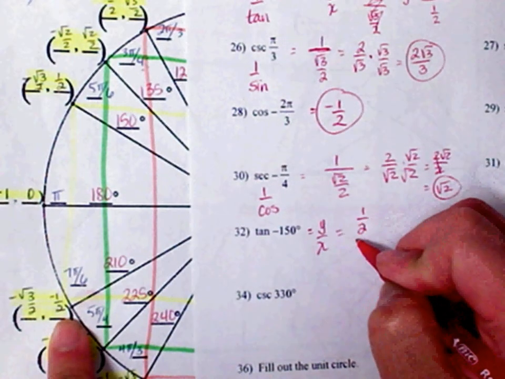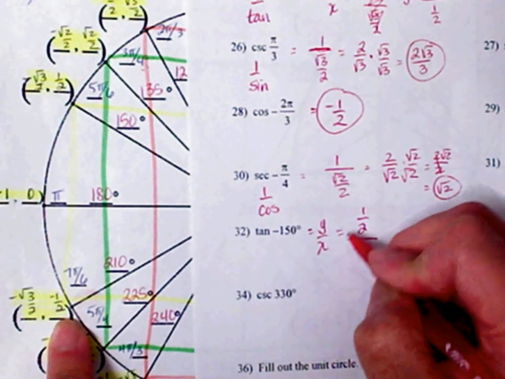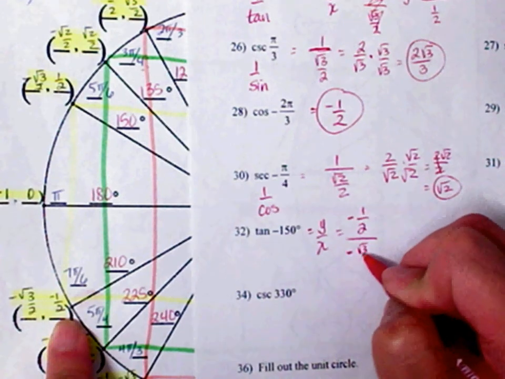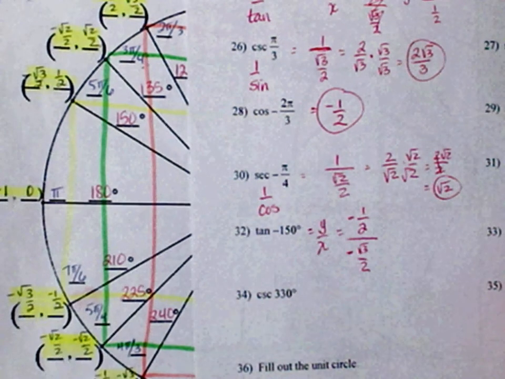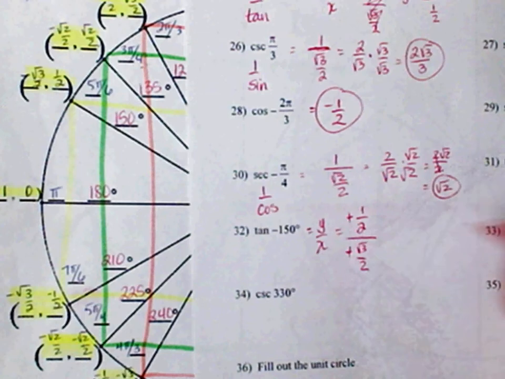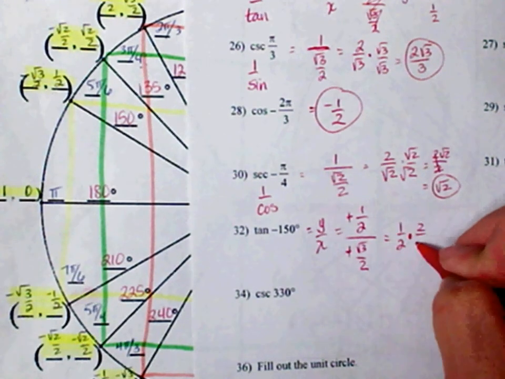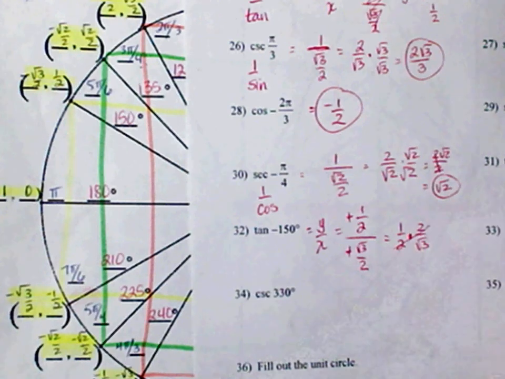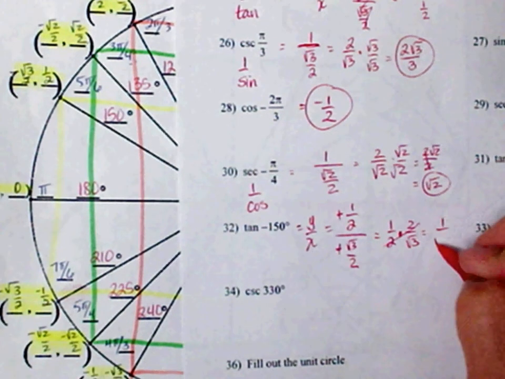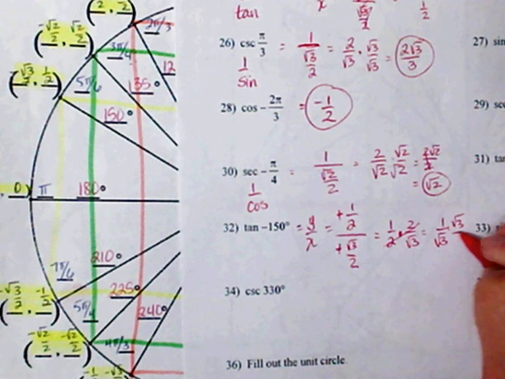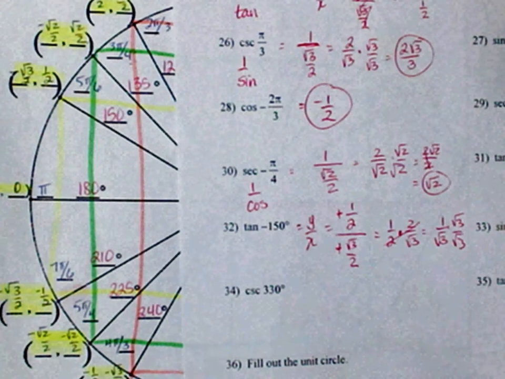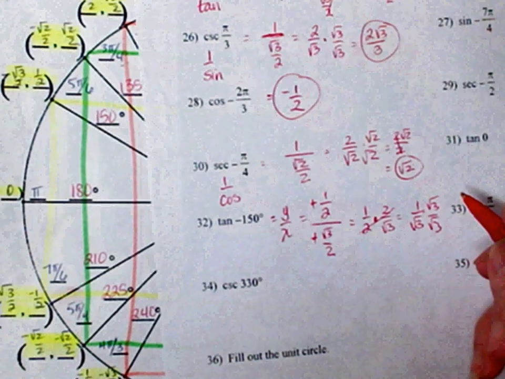Okay? A negative and a negative becomes a positive. Take your reciprocal, so you have 1/2 times 2 over square root of 3. The 2 cancels out, so you have 1 over square root of 3. Rationalize it. Okay? And so your final answer is square root of 3 over 3 for number 32.